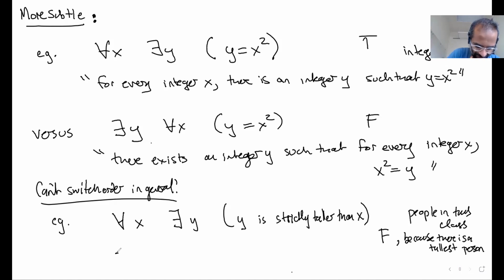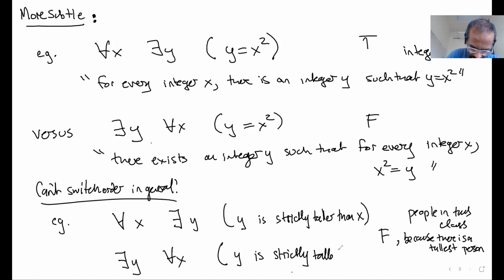On the other hand, if you write this statement that there exists a person y such that for every person x, y is strictly taller than x, it's saying there is one person who is strictly taller than everybody else.